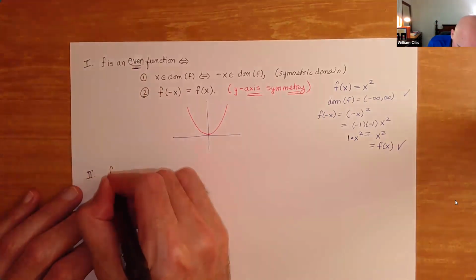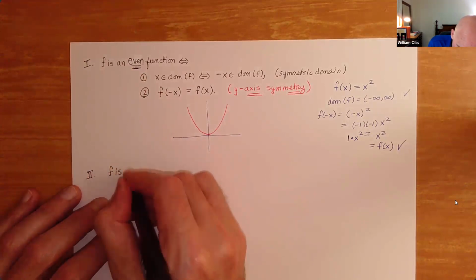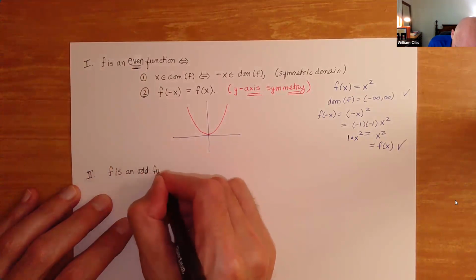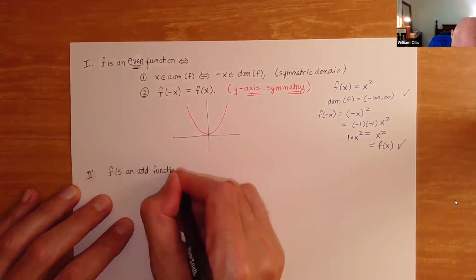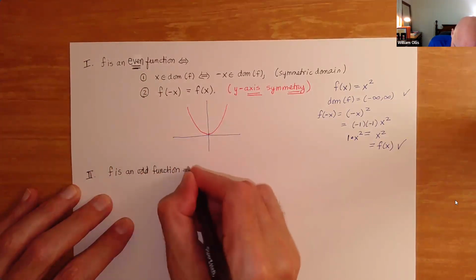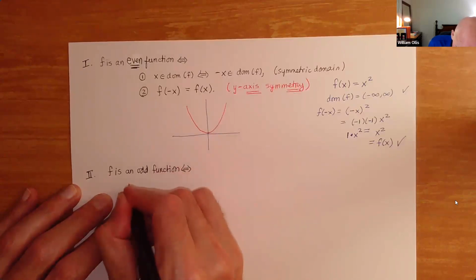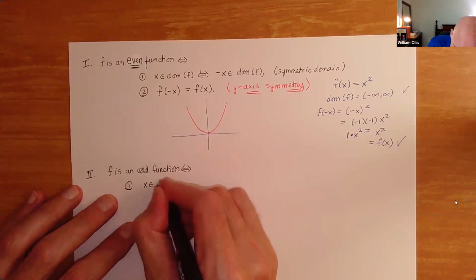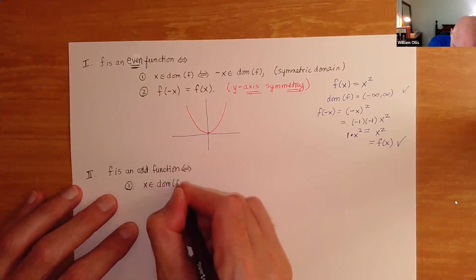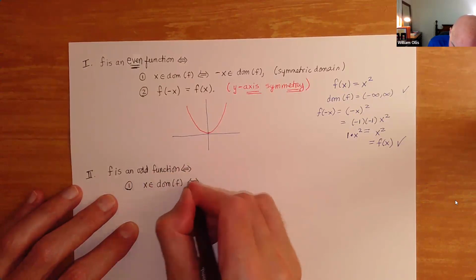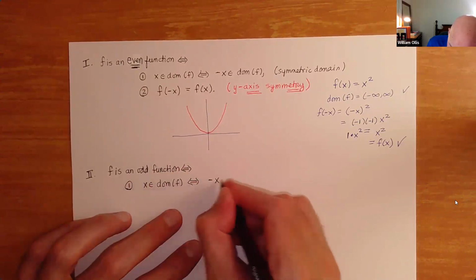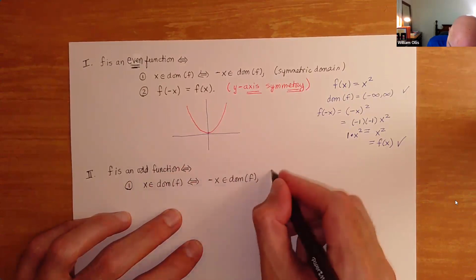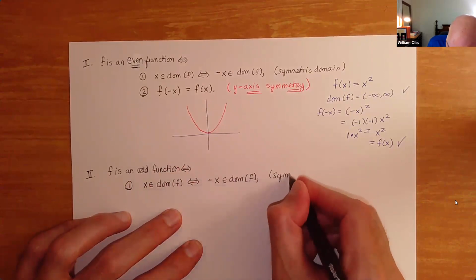Now we'll say f is an odd function if and only if, number one, again, we have the symmetric domain. x is an element of the domain of f if and only if the additive inverse of x is in the domain of f. So again, we have a symmetric domain.